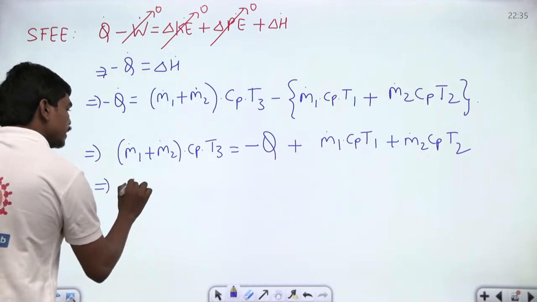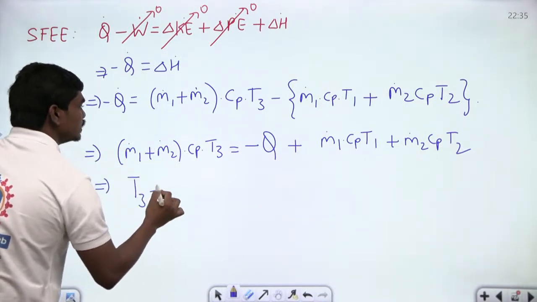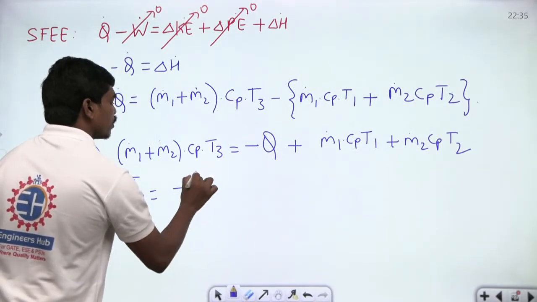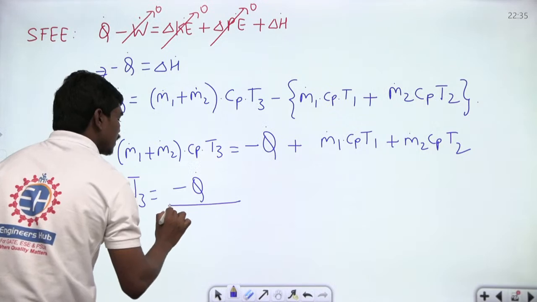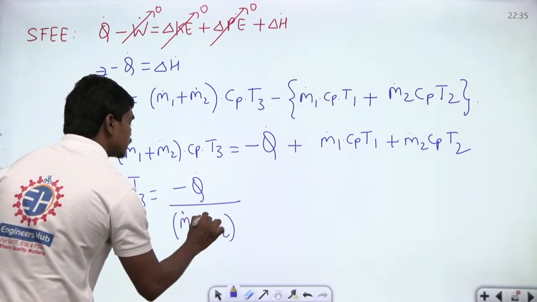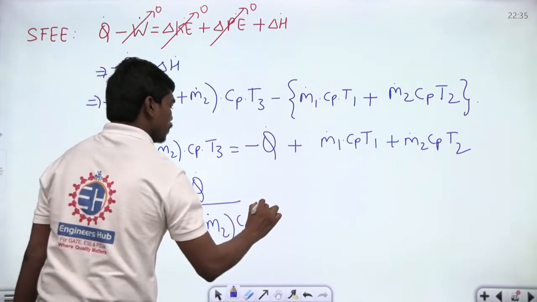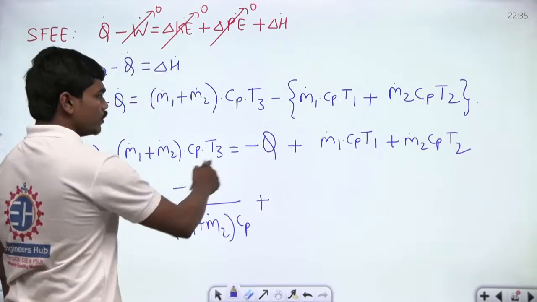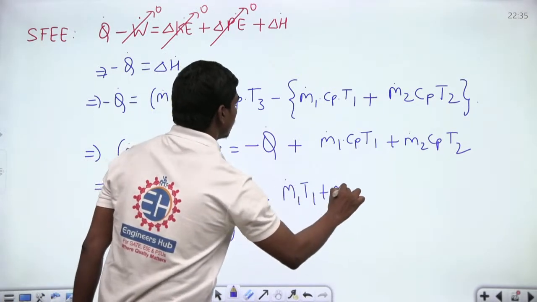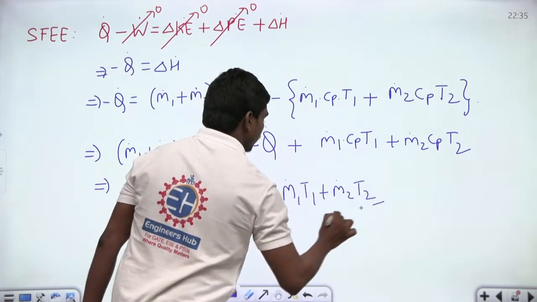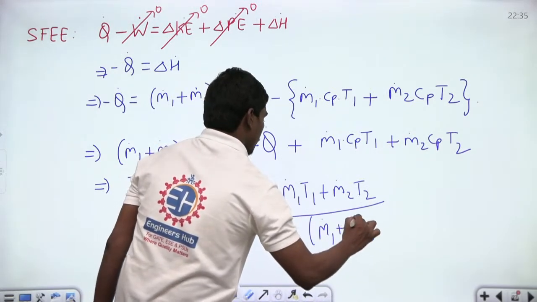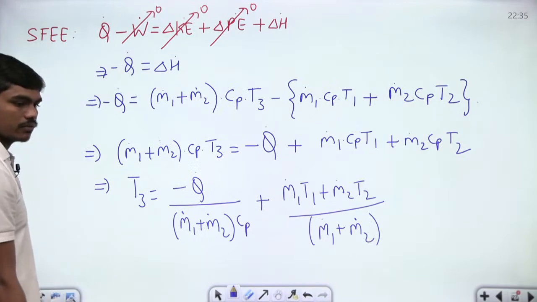T3 is equal to minus Q dot, because the rate is given, divided by M1 plus M2, the mass flow rates, into Cp, plus, since the Cp gets cancelled, M1 dot T1 plus M2 dot T2 divided by M1 dot plus M2 dot. This is the expression.